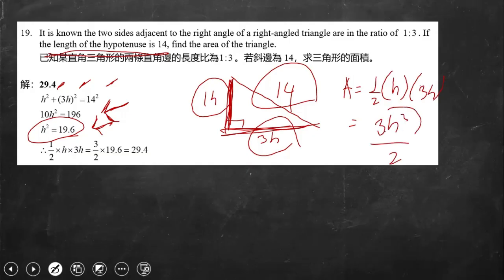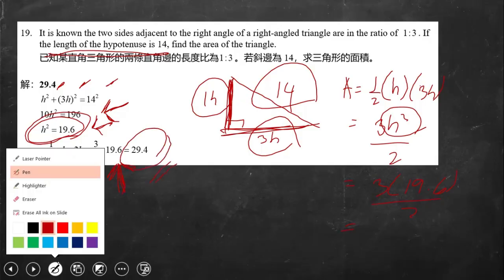Since we need the h squared, we stop there and just substitute it: 3 times 19.6 over 2. Just computing it, you have 29.4. Okay.